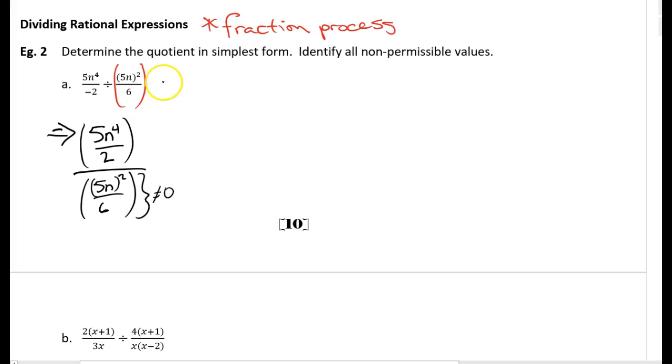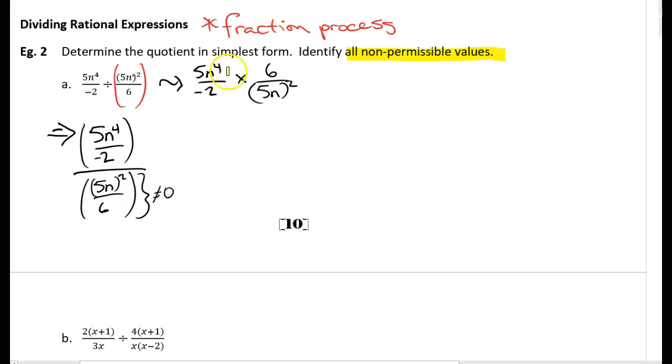Another way of thinking about it is that I'm going to rewrite this as 5n to the 4 over negative 2, oops, I forgot the negative there, multiplied by 6 over 5n squared. So our numerator becomes our denominator. When we take the reciprocal of that second fraction, we're creating a new denominator that we need to account for in our non-permissible values.